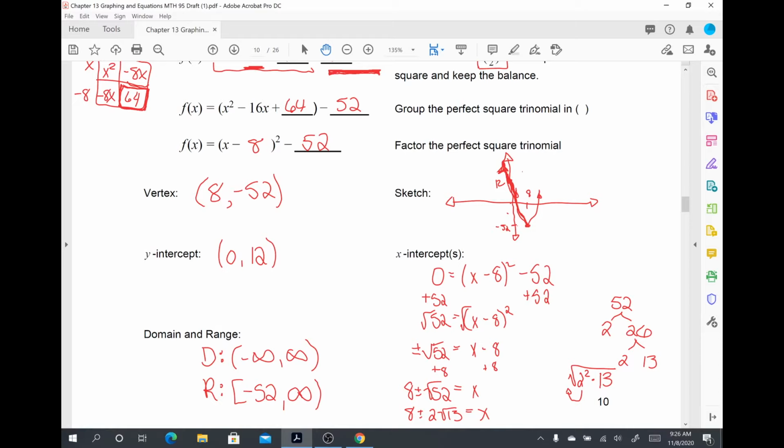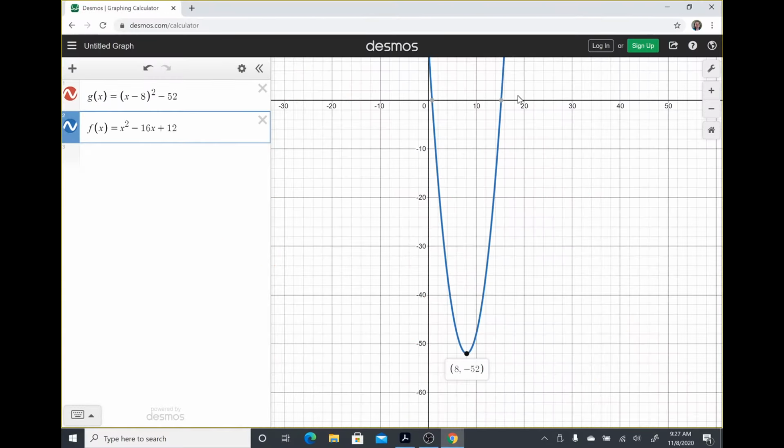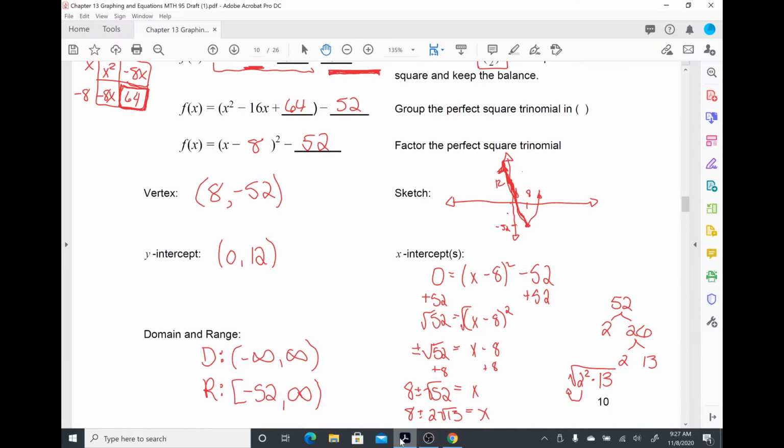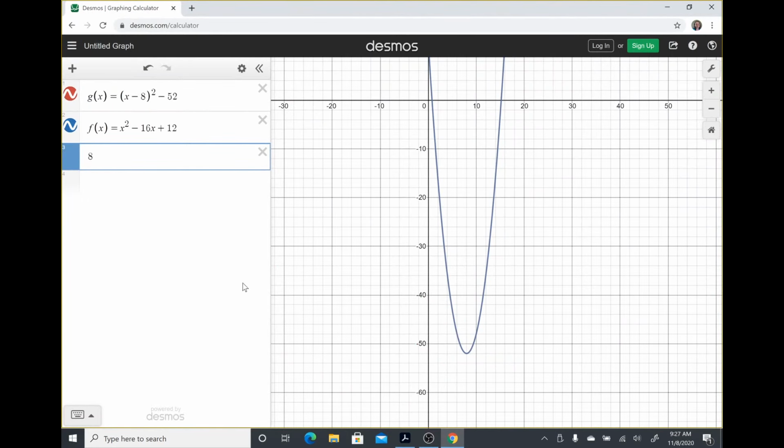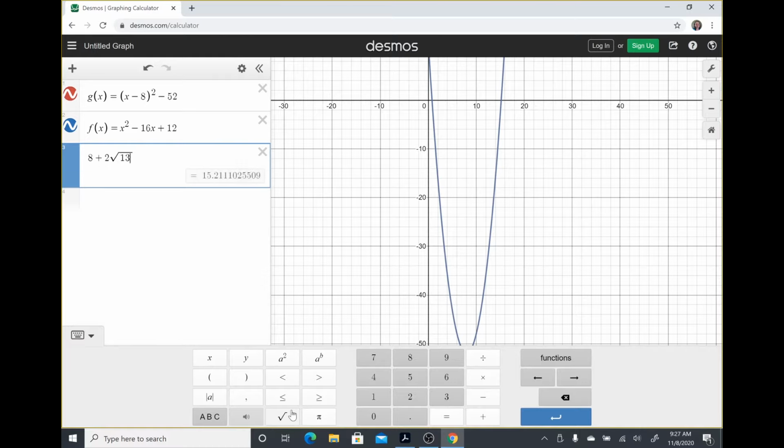Okay, let's look at that graph and see if we're right, and let's figure out also what 8 plus or minus 2 square root of 13 is. So going back to Desmos, okay, so we've got that point there, and I said it was 8 plus 2 square root of 13.